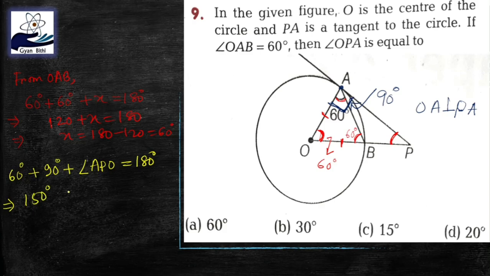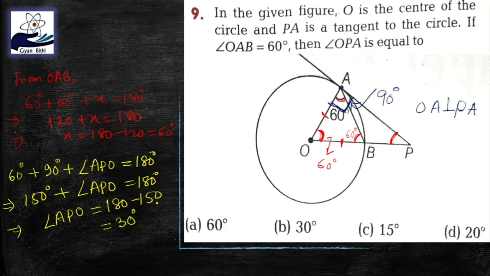So this gives 150 plus angle APO is equal to 180. So angle APO is equal to 180 minus 150, which is 30 degrees. This is your correct answer. 30 is the correct answer.